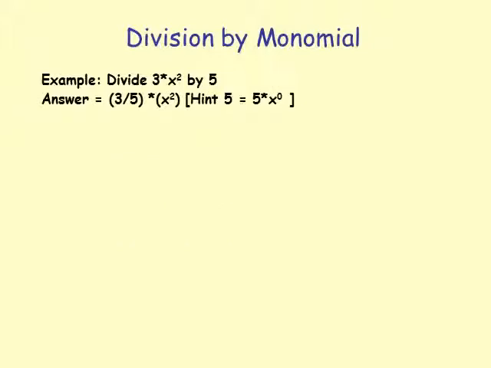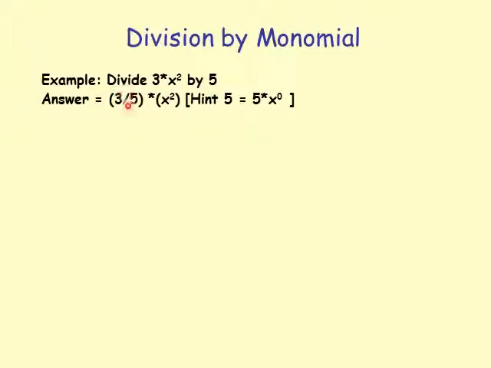Let's look at some examples for division. Expression E1 is 3x squared, and we are trying to divide that by 5. The coefficient is 3 in the dividend, the coefficient is 5 in the divisor, the flag is 2 in the dividend, and the flag is 0 in the divisor. So the answer is 3 divided by 5.